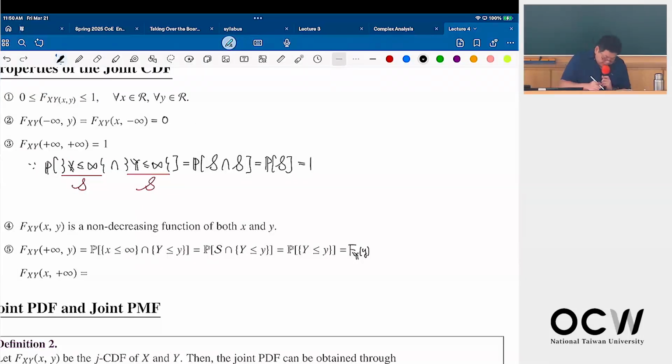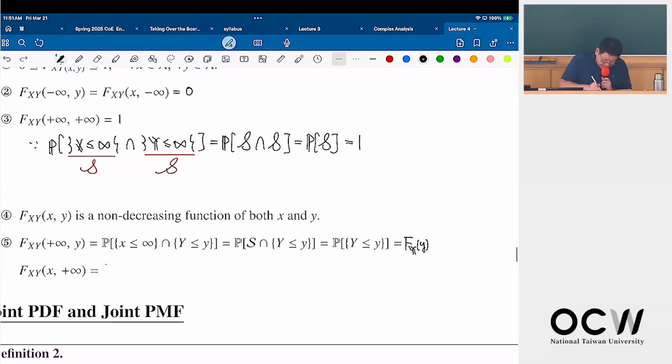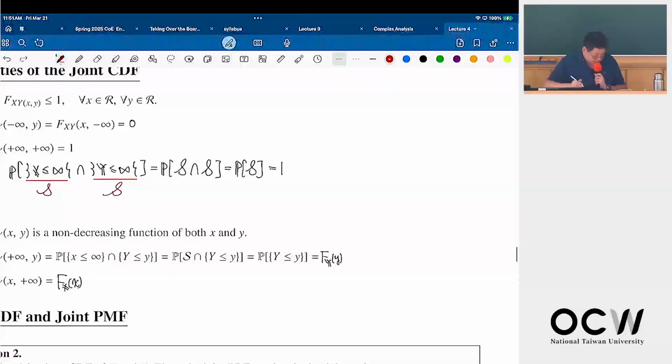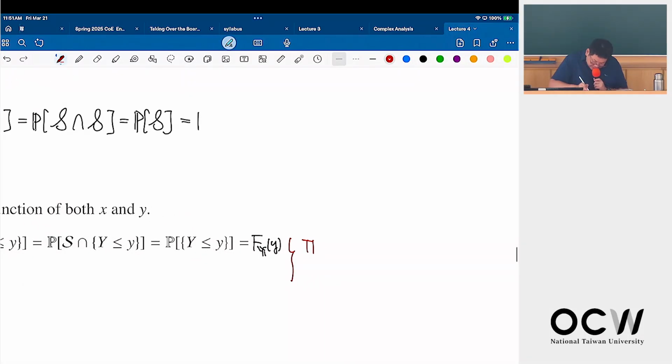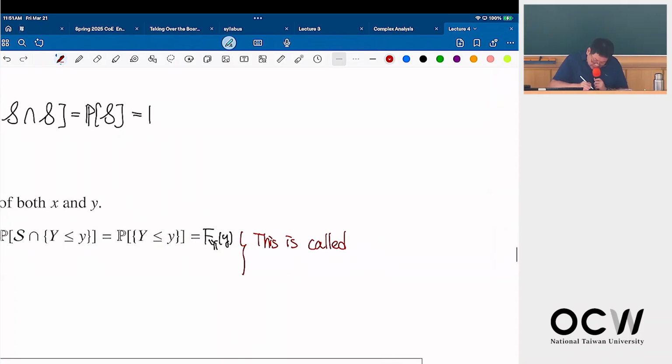And similarly, if y goes to infinity, this is the CDF of x. For these two examples, this is called the marginal CDF.